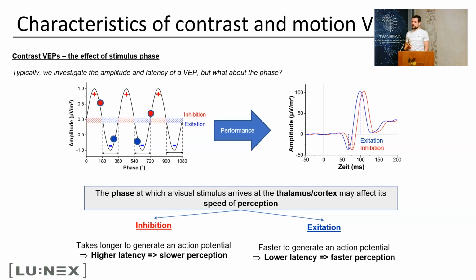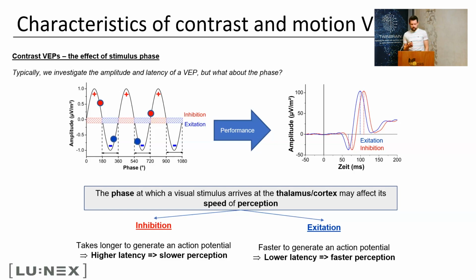So the assumption is that, dependent on the excitability level, when a stimulus arrives, especially at the thalamus, it is faster or slower transferred to the primary visual cortex. Because if you are at a higher excitability state, then the transmission will be faster. If you are at a lower excitability state, then the transmission will be slower. Okay, so that is the concept behind that.